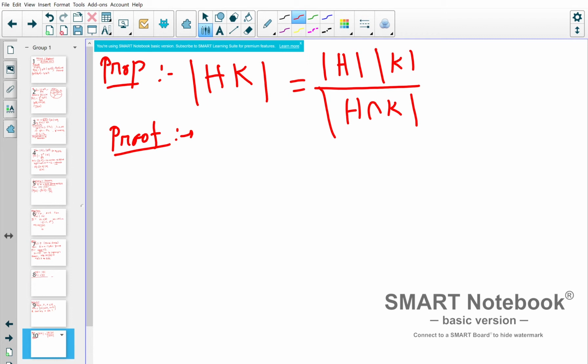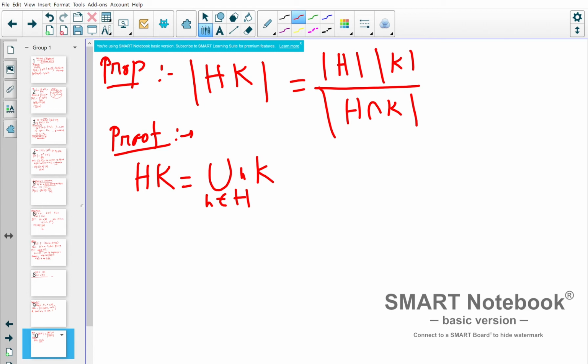You can use two ways of writing these things. Let me first write down HK as a union of distinct left cosets of K. So the union of hK, h belongs to H. So these hK are cosets of K, right?